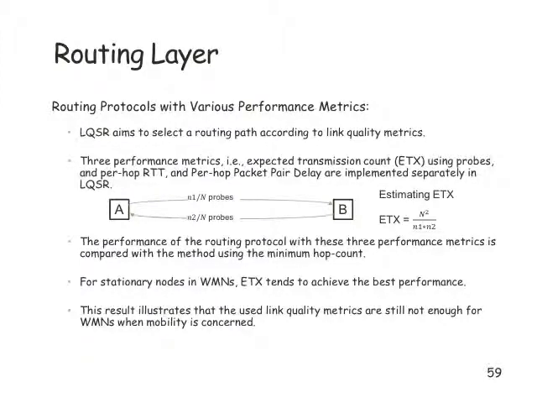The MAC layer is something in the lower layer. Now we assume that this probe will be sent. When this probe is sent from the routing layer, we actually use some kind of a reliable MAC layer protocol, which means that if this probe is not sent properly from the MAC layer, this node from the MAC layer will retransmit.